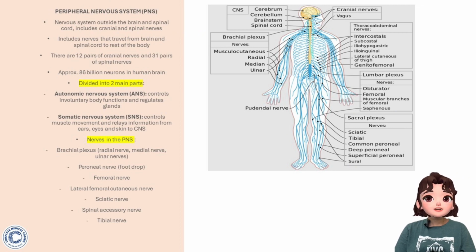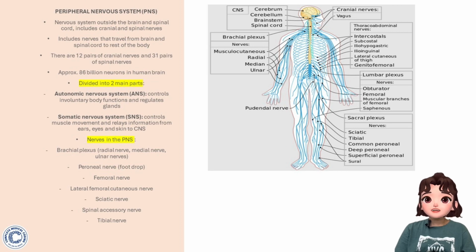It's just for your understanding. Now, the peripheral nervous system is divided into 2 main parts: autonomic nervous system and somatic nervous system. You need to learn the abbreviations also. Peripheral nervous system can also be called PNS.